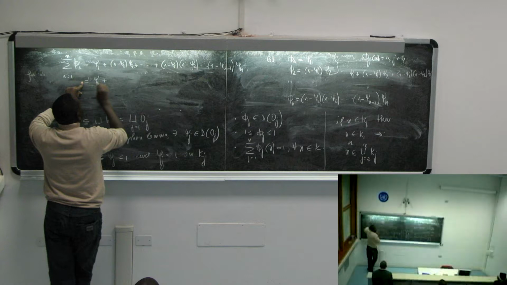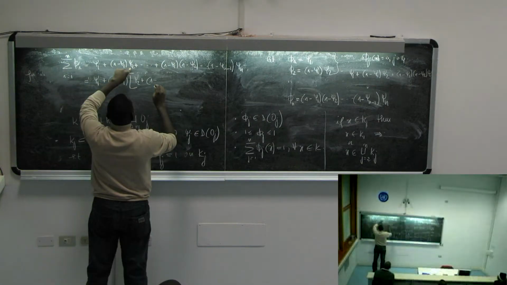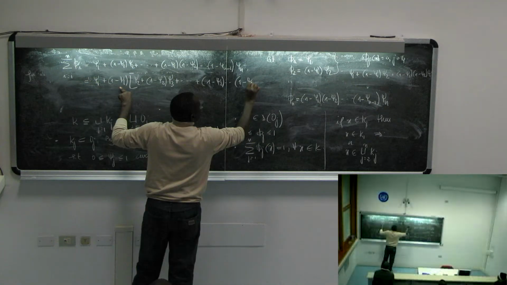Factor out, and we will have psi 2 plus 1 minus psi 2 psi 3, and so on, and the last is 1 minus psi 2 up to 1 minus psi n minus 1 psi n. This is what we have.